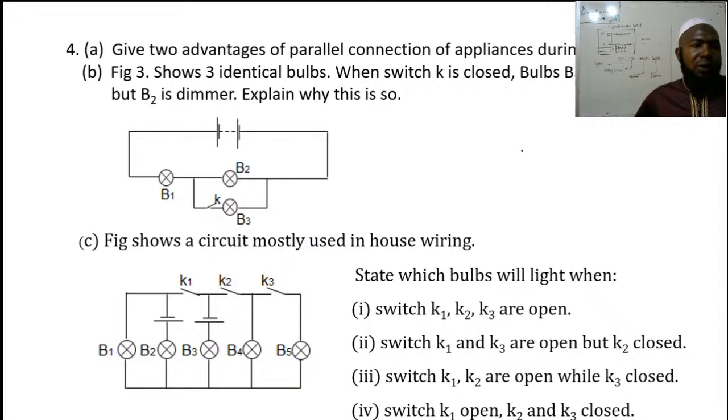Roman 4, switch K1 open, K2 and K3 closed. So in each of the cases, you tell us which bulb will light. The question does not require explanation. You just tell us which one will light, because the explanation will depend on the flow of current.